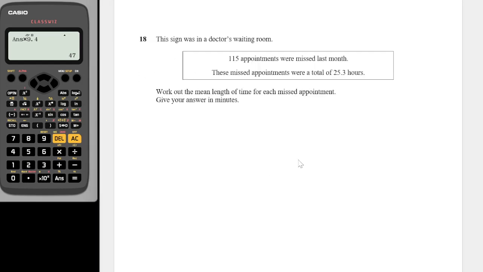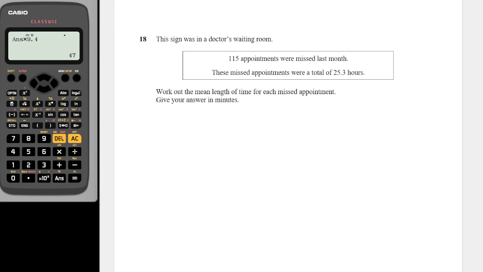Question 18. This sign was in a doctor's waiting room. 115 appointments were missed last month. These missed appointments were a total of 25.3 hours. Work out the mean length of time for each missed appointment, giving your answer in minutes.